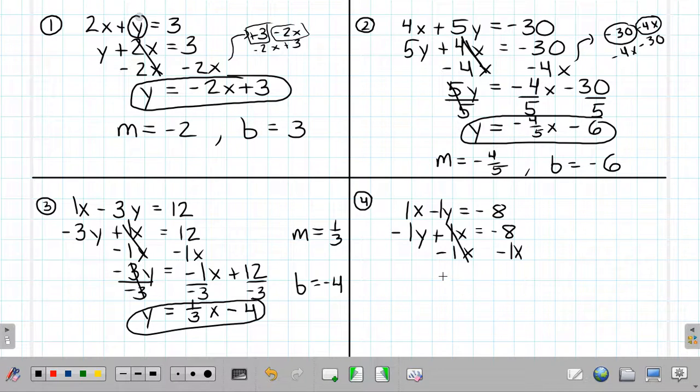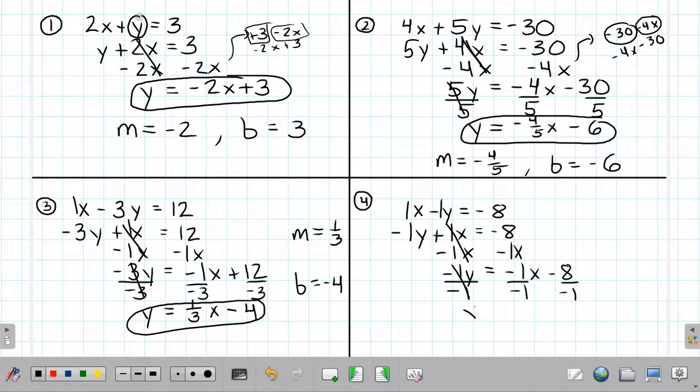So what do we have? We have negative 1y is equal to, like I said, I'm going to take a shortcut, negative 1x minus 8. And then just do like we normally do. Divide by negative 1. So we divide the negative 1 here by negative 1, and we divide the 8 by negative 1.